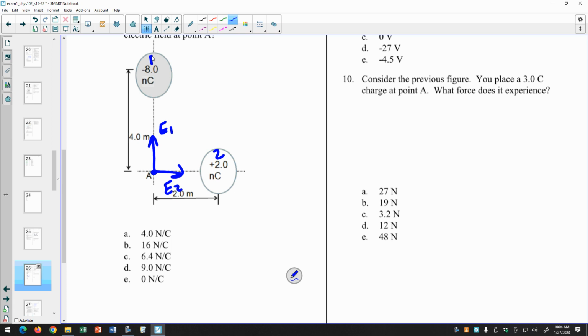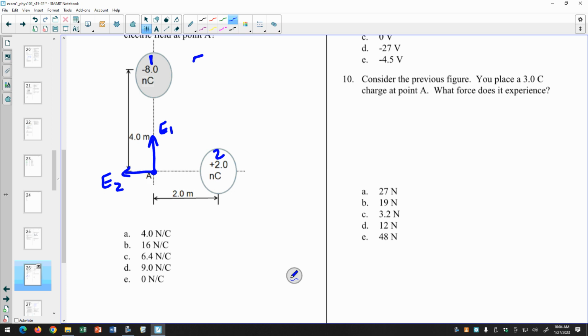Yeah, so E1 and E2, I'm just trying to draw them with proper relative lengths to one another. So those are my 2 vectors. Oh, I drew that wrong. Somebody catch that? Yeah, thank you. Not always right, am I? All right, so E2 is in that direction.